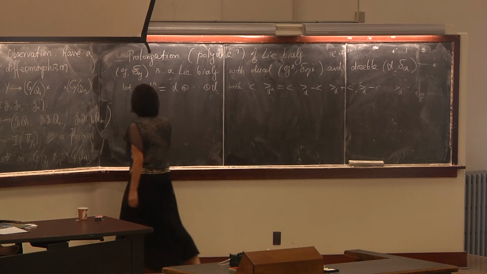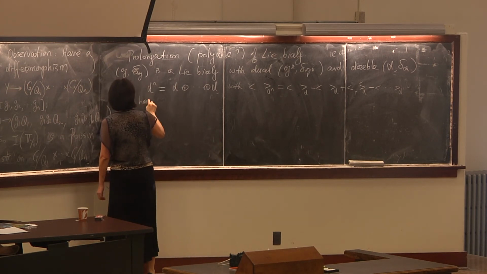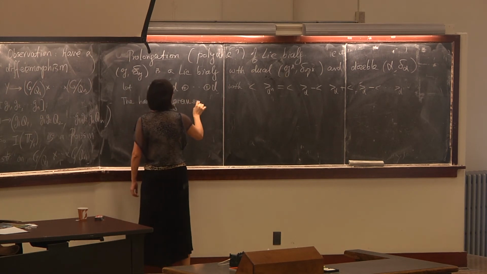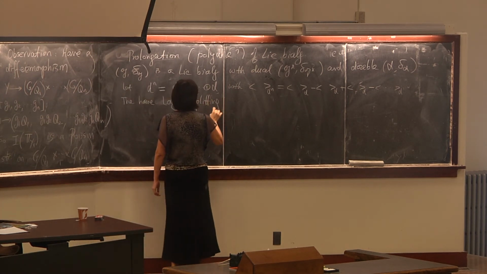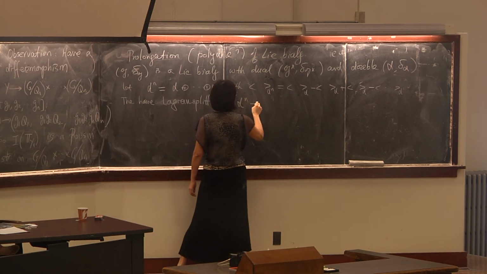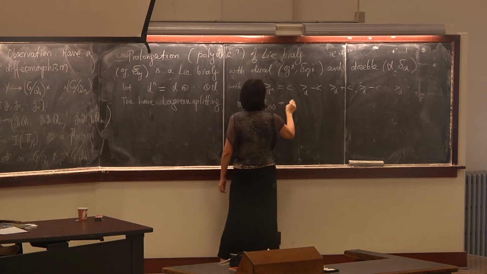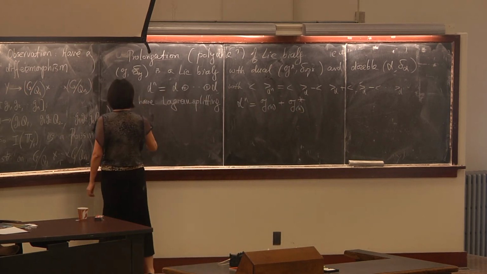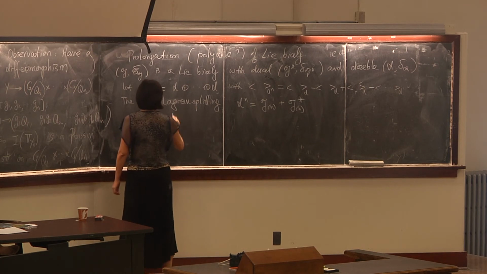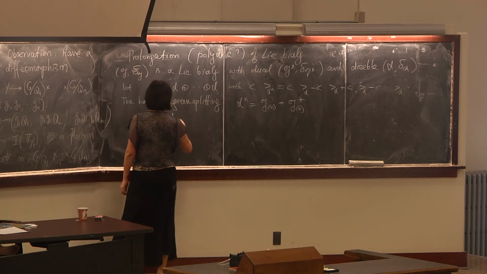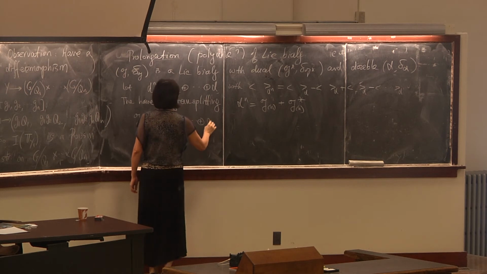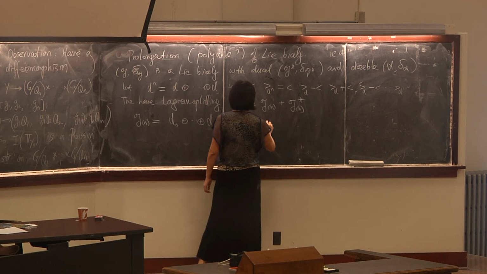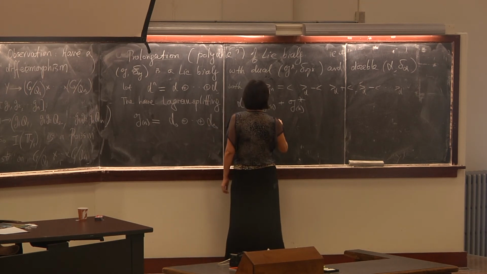And then this has a Manin triple, a Lagrangian splitting, D^n, which is equal to G_n plus G_n star, where G_n, depending on whether n is even or odd, is the diagonal, and G_n star is G star.